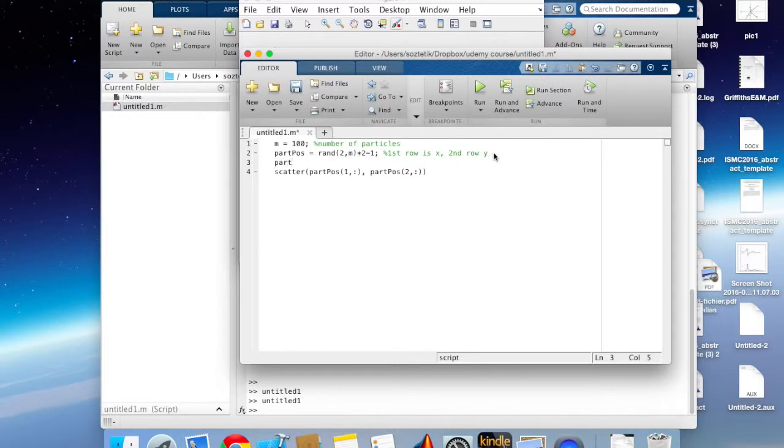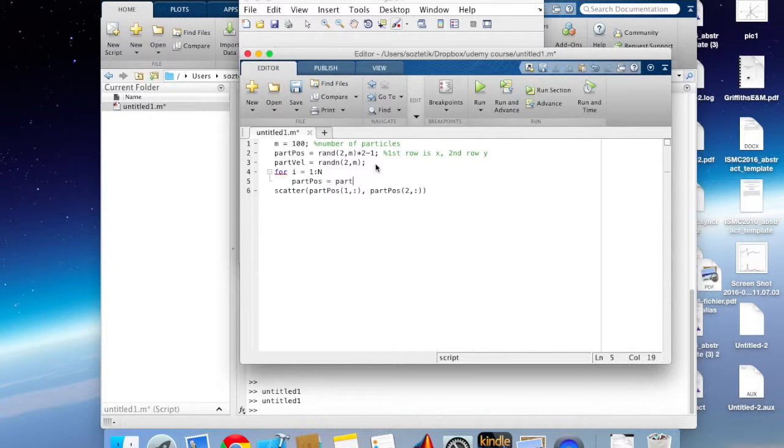Now let's go ahead and add velocity to these particles. And in a for loop, you're going to move these particles.